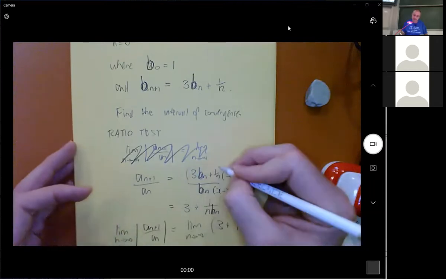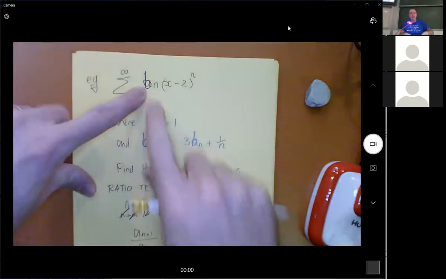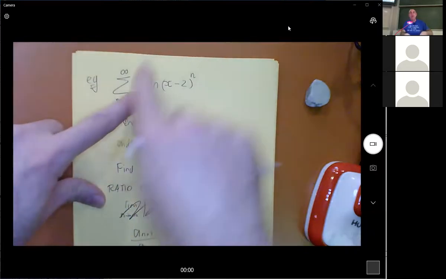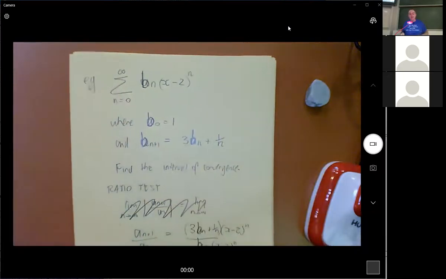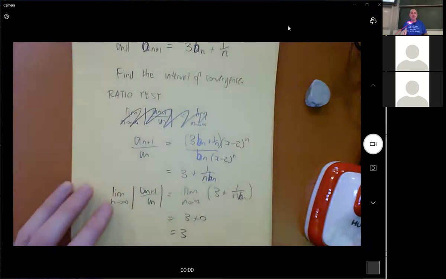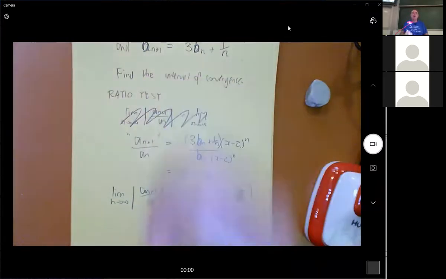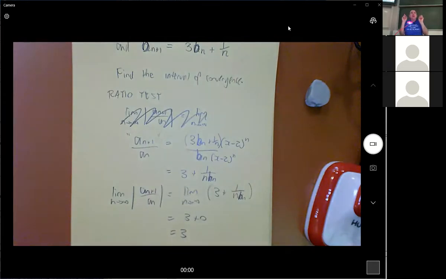Right. So I called it Bn because I like an to be all of this. If your lecturer calls it an at that spot, it's all right to just put inverted commas here. So I'm just calling it an plus 1 over an. It's just not what you call an plus 1 over an. That would have been okay as well.